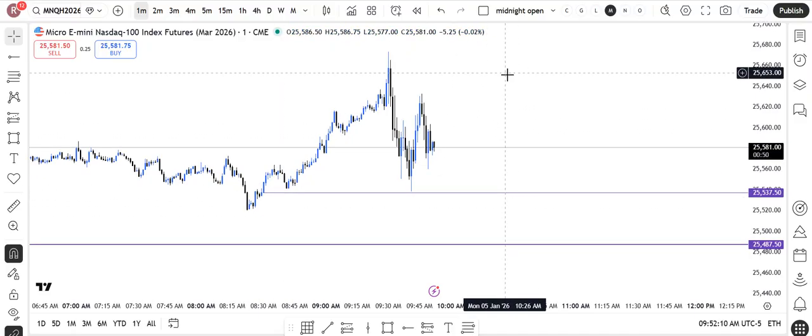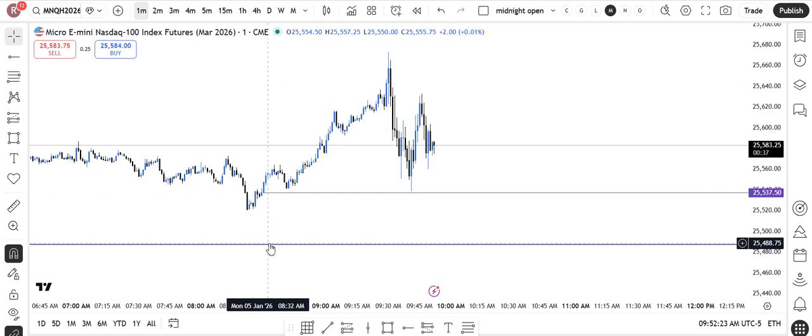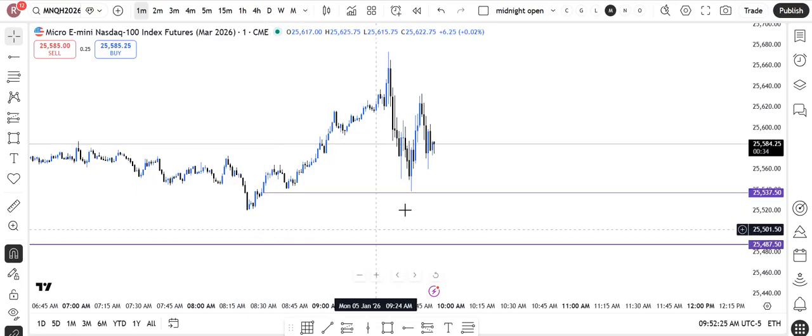Now, when it comes to entries, folks, in my opinion, if I'm bearish, I want to be selling above or around either the 830 or midnight opening price, which is what this is.